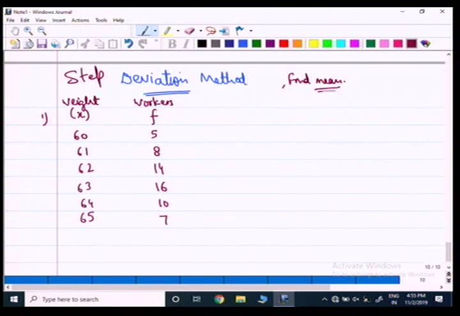Now try to solve it using the step deviation method. The weight X is given, Xi, and this is Fi. 60, 61, 62, 63, 64, 65, and it is 5, 8, 14, 16, 10, 7. Now here you can see the values are very small, so you can directly use the normal method. But if the question says use the step deviation, then you have to use the step deviation. So right now solve this using the step deviation method. Find the mean.